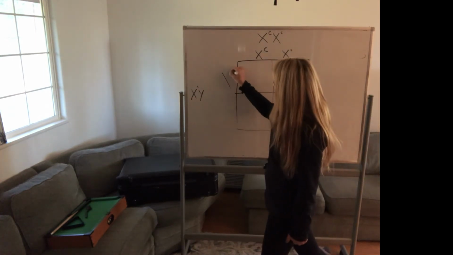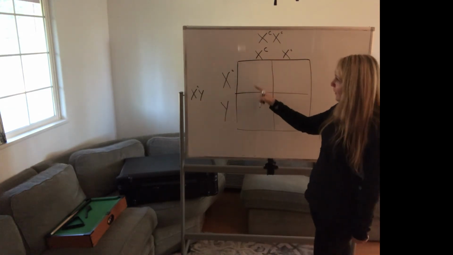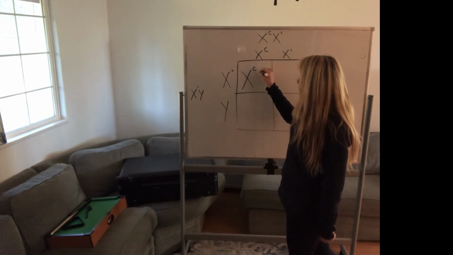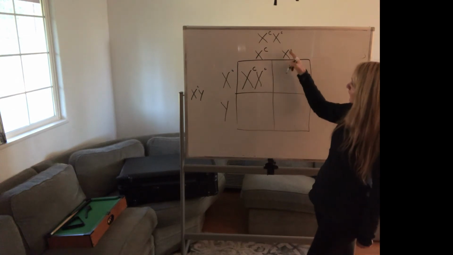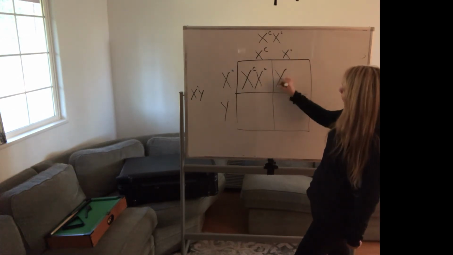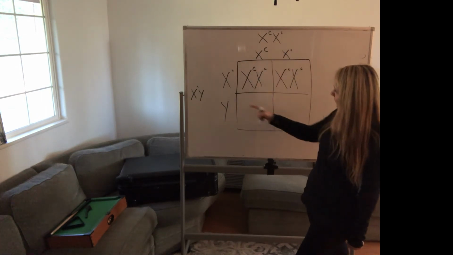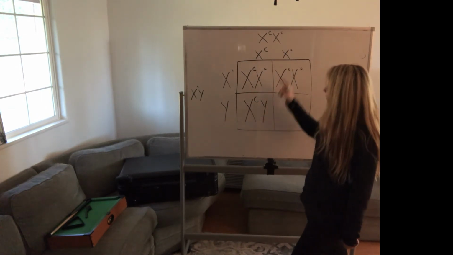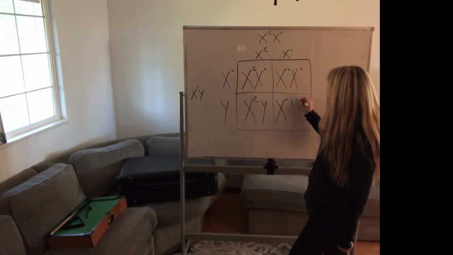Now we have X little c, Y. Now I'm going to go down and across. So I have X big C, X little c; down and across, X little c, X little c; down and across, X big C, Y; down across, X little c, Y.